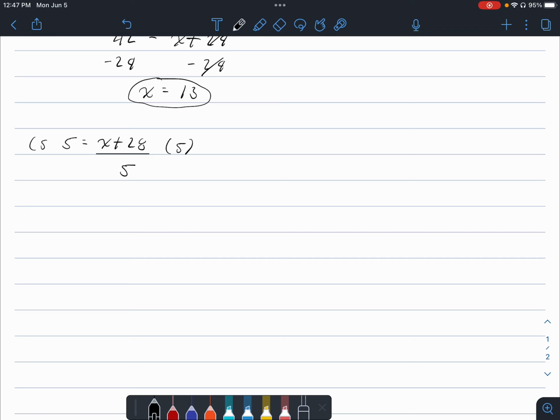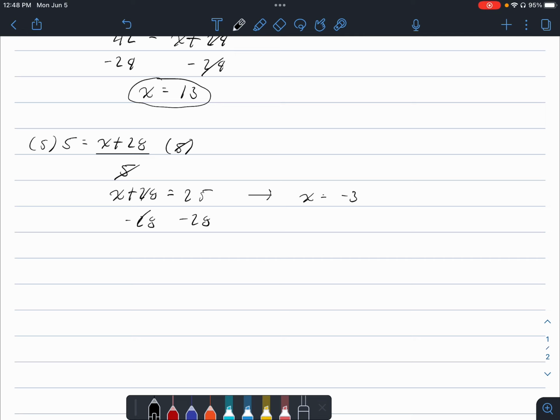And let's multiply the left-hand side by 5. Okay? These will each cancel. And now we're going to have x plus 28 is equal to 5 times 5, which is just 25. Now we can subtract 28 from both sides of the equation, and we're going to get that x is going to be equal to -3.